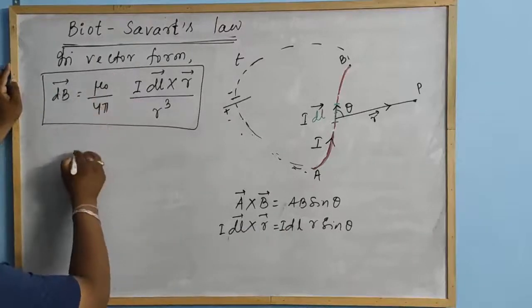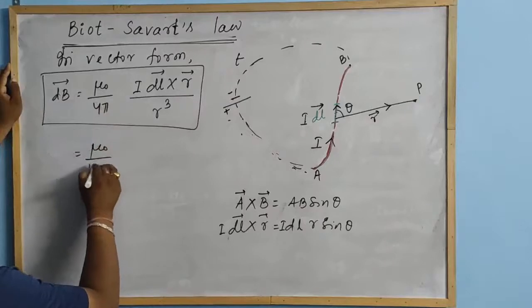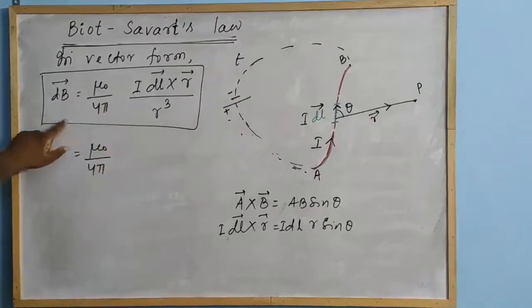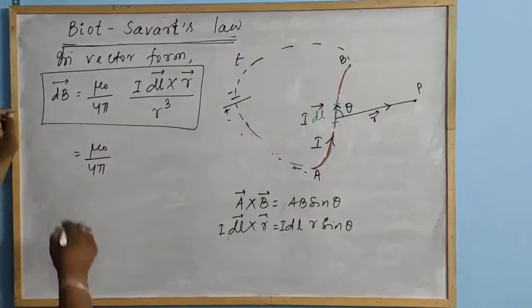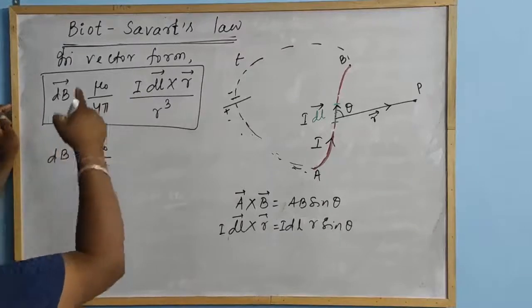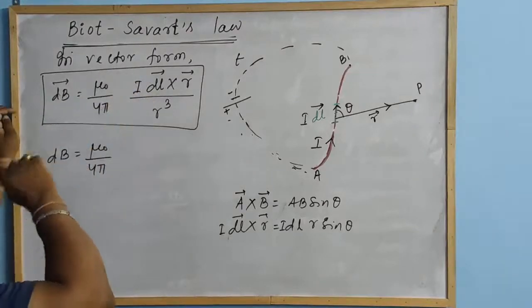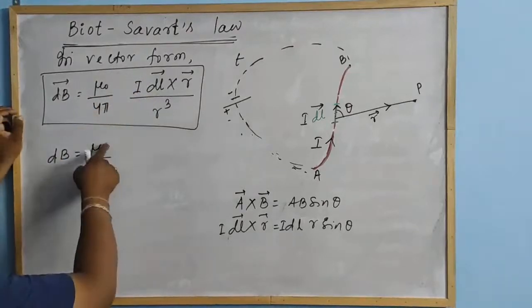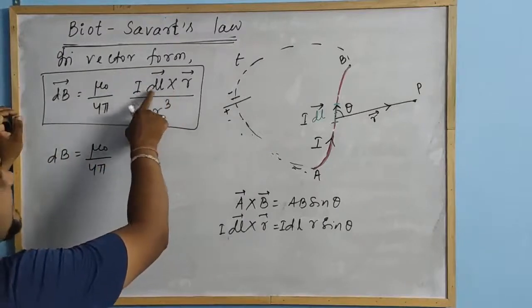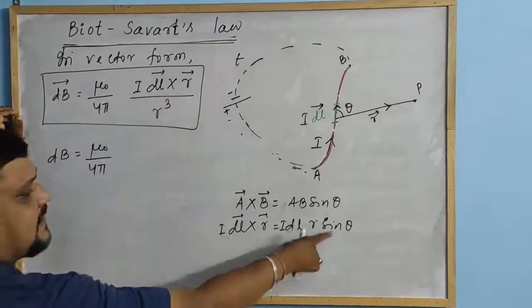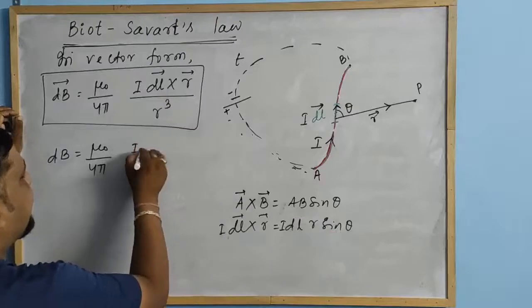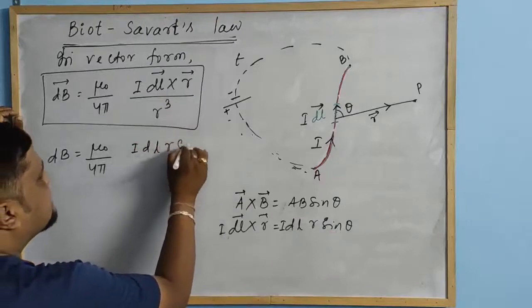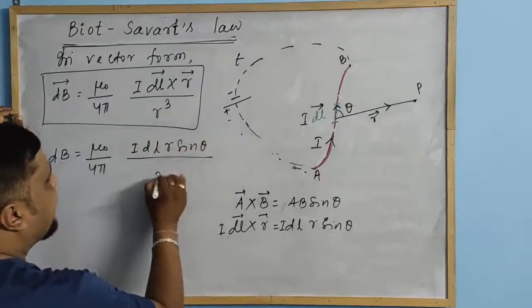Now check this one. This equals mu naught by 4 pi, in vector form, I dl cross r, which is I dl r sin theta, divided by r cube.